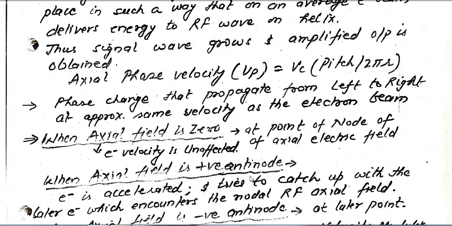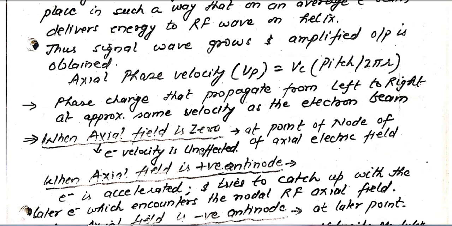Now what happens when the axial field is 0? When the axial field is 0, the electron velocity is unaffected. The velocity modulation will not be there because the field is 0. This happens at the point of node of the axial electric field.